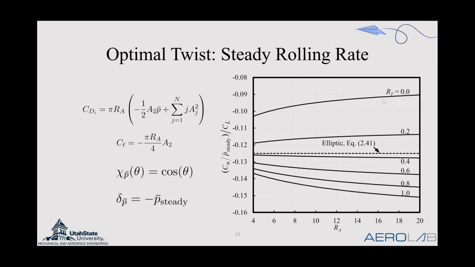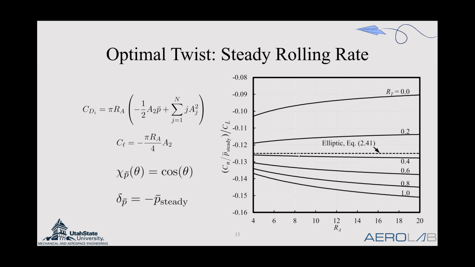And it turns out for various taper ratios and aspect ratios that the yaw to roll coupling is always negative. What this means is we will always have an adverse yaw associated with this rolling rate maneuver.